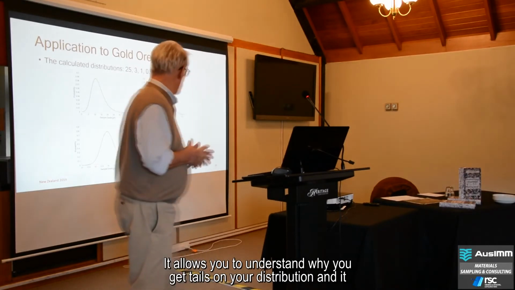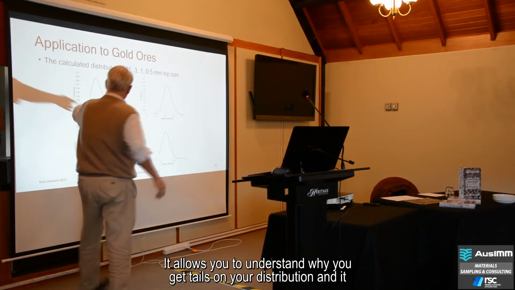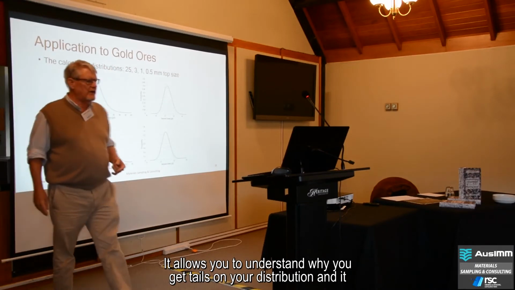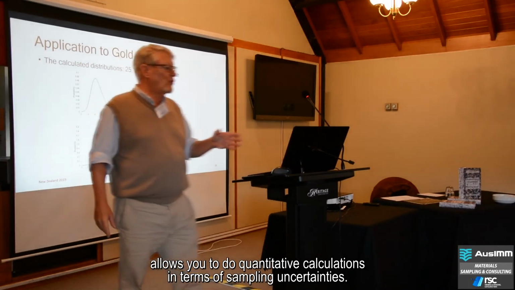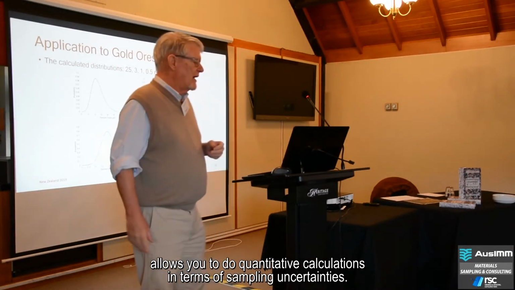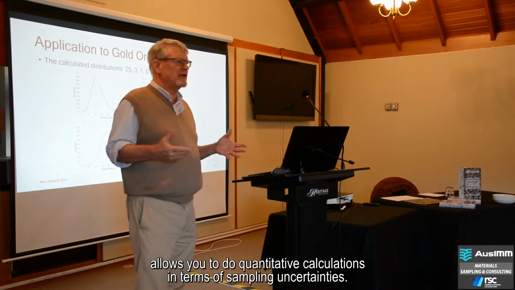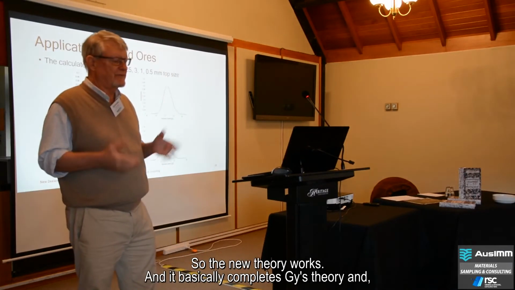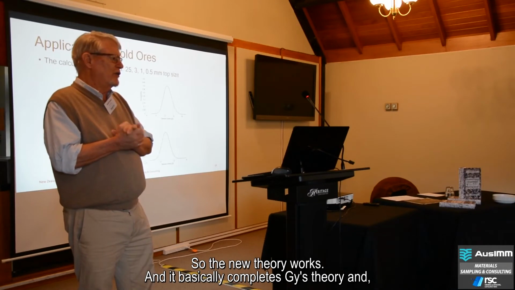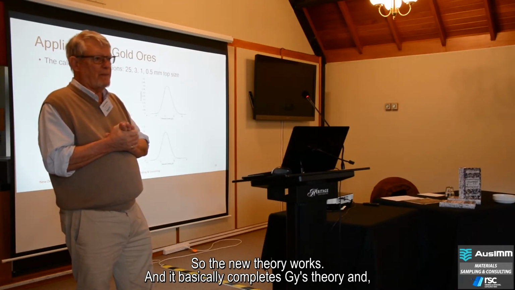It allows you to understand why you get tails on your distribution, and it allows you to do quantitative calculations in terms of sampling uncertainties. So, the new theory works.